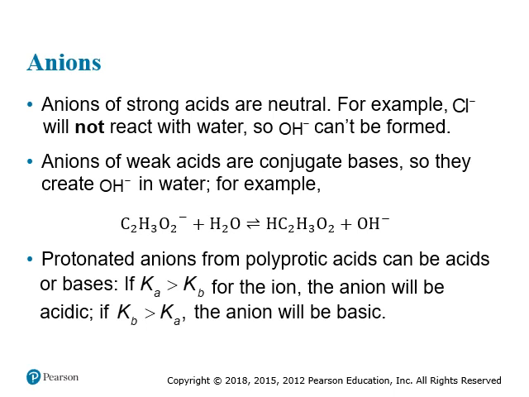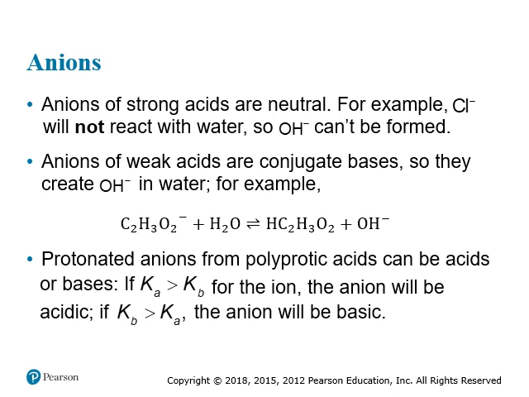In short, anions produced by strong acids are neutral. For example, hydrochloric acid dissociates to form H plus and Cl minus. Cl minus will not react with water, so OH minus can't be formed. It is a neutral component.